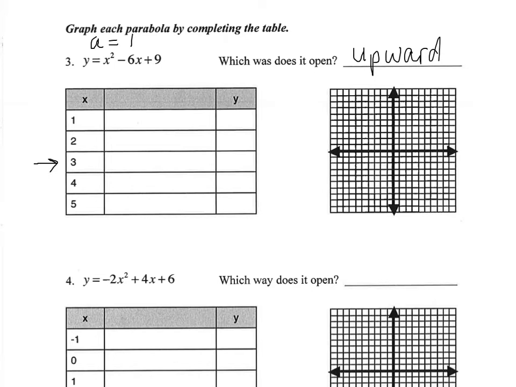Now, in order to graph this, I think it's nice to show work in the middle here. So 5 different times, I'm going to have something squared minus 6 times something plus 9. And so I'm going to write this same thing a few times. Something squared minus 6 times something plus 9.